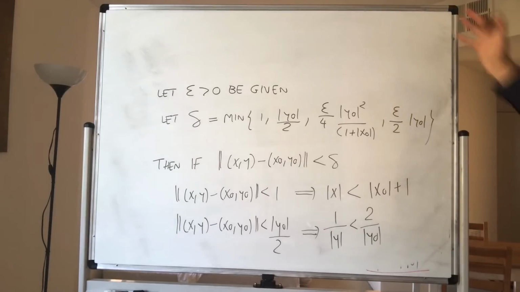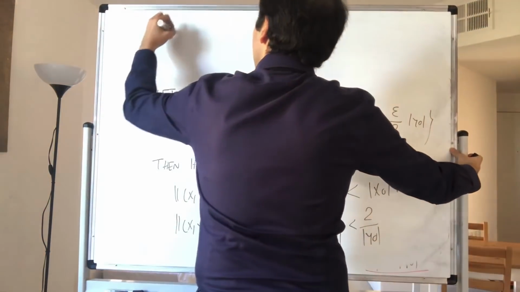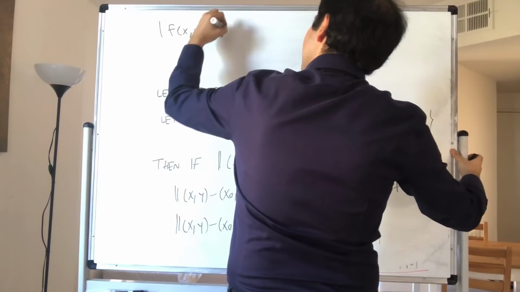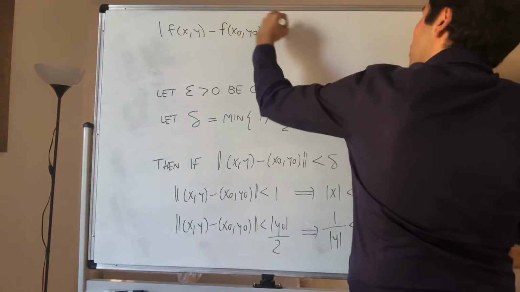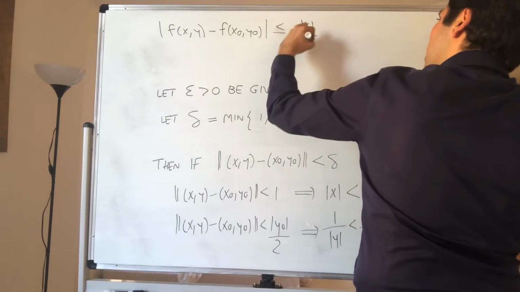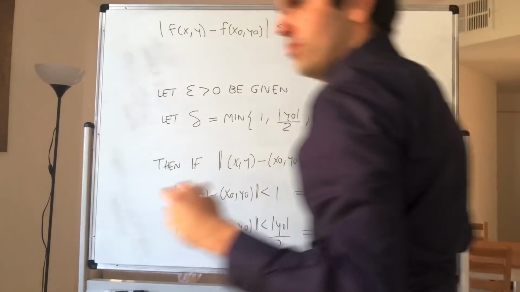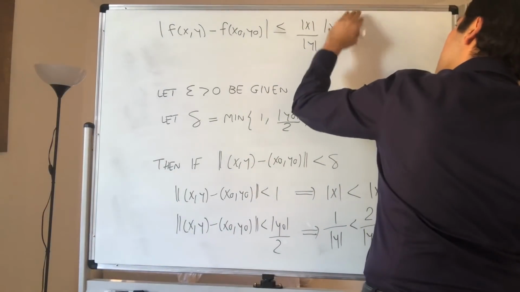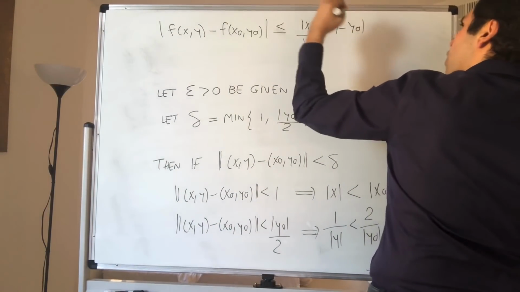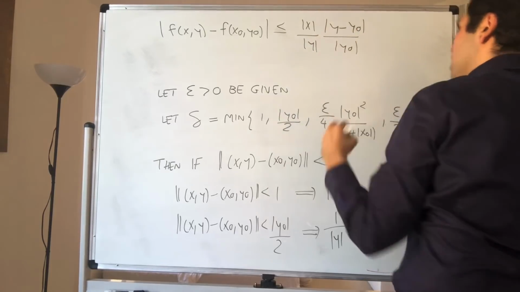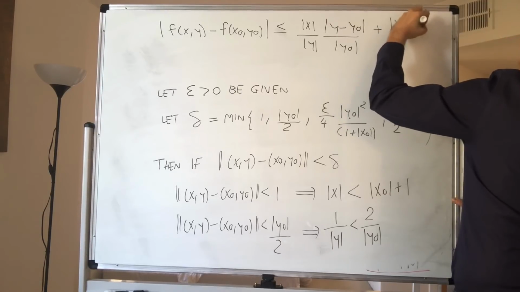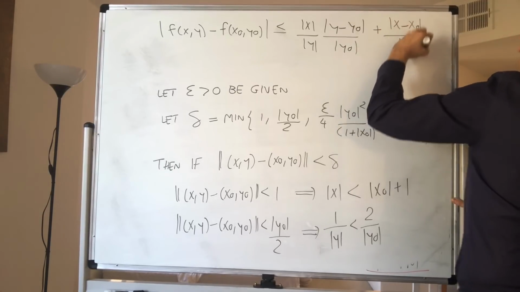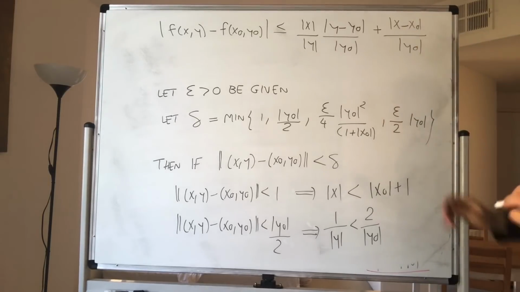And then let's estimate f(x,y) minus f(x naught, y naught). What we got was the following, I think: x over y, and then, what was it? I think x, y naught, |y minus y naught| over y naught, and plus |x minus x naught| over |y naught|. Hopefully that's the correct order, we'll see.